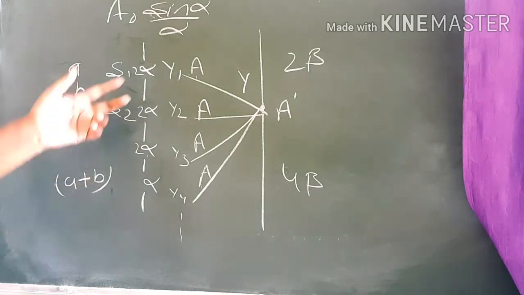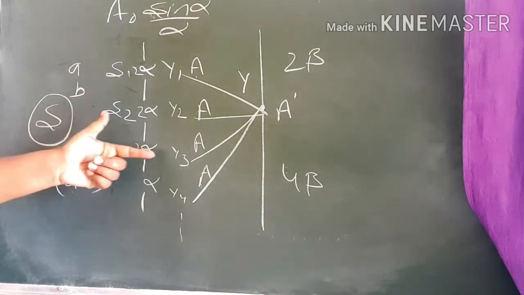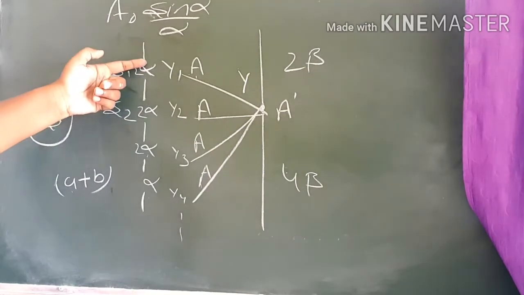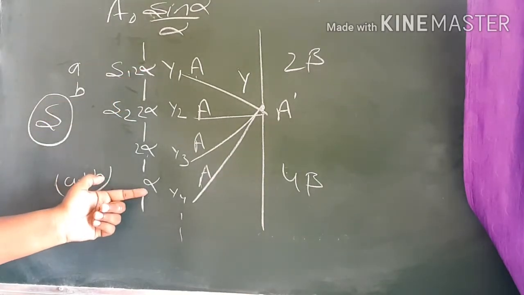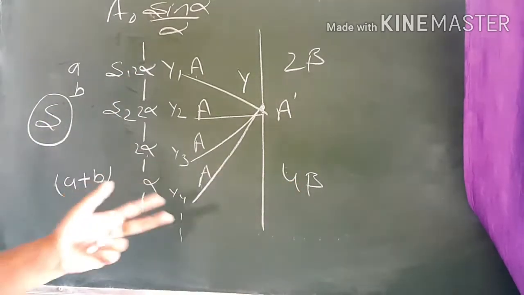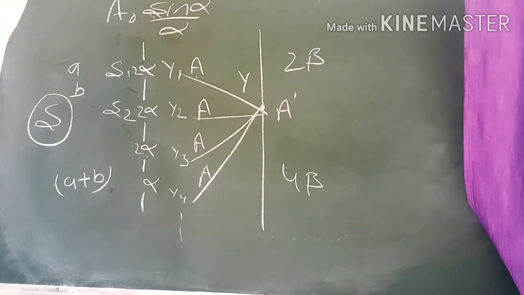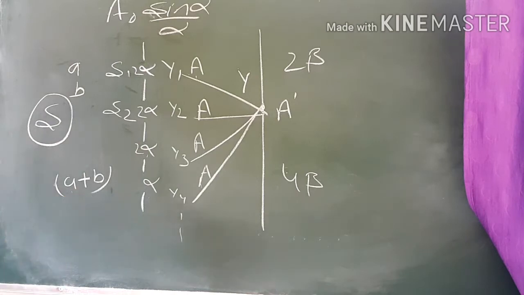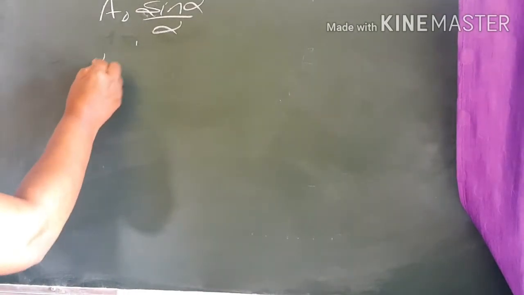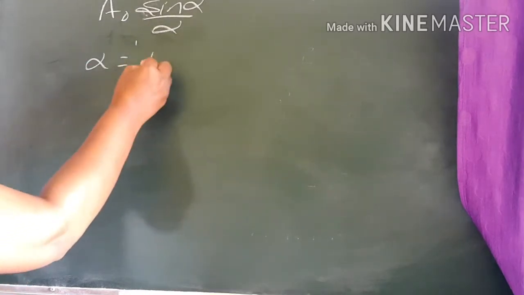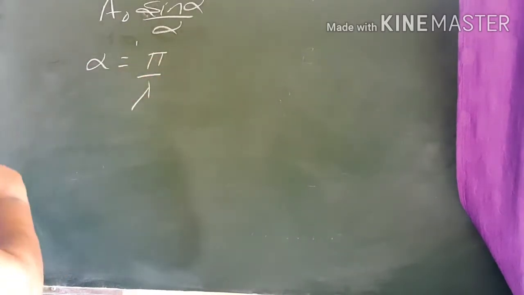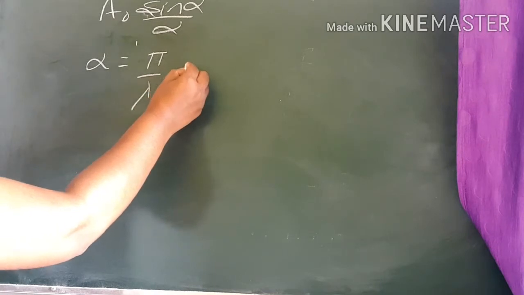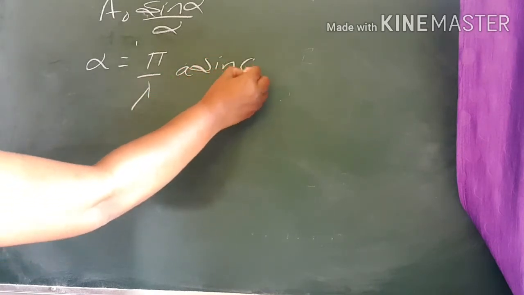Phase difference between the first and third slit is 4 beta, and between the first and fourth slit will be 6 beta, and so on. Phase difference goes on increasing as we go from the first to the nth slit. We have alpha equal to pi by lambda A sin theta.